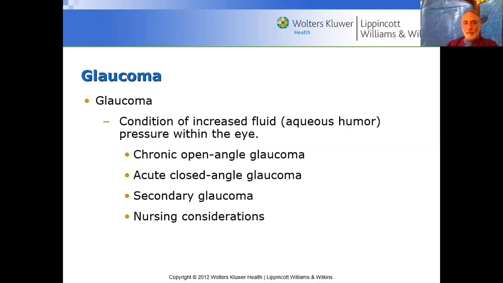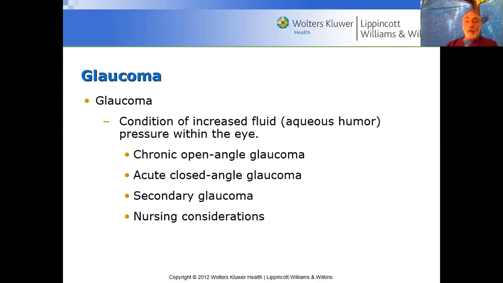Glaucoma. So, increased pressure in the eye. Now, as you recall from our drawing, the eye, it's a nice little grape. It's a sac filled with fluid, and has some pretty important delicate structures within, like the retina.